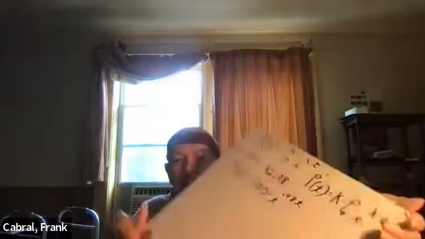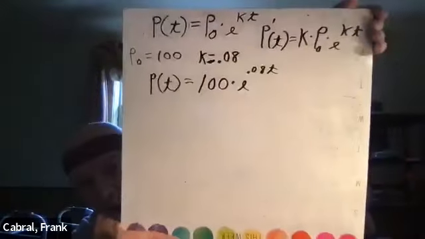So our model, P of t, is going to be equal to 100 times E to the 0.08 t. This will tell us how many bacteria we have as a function of time t in hours.